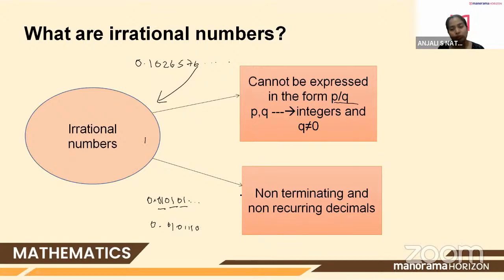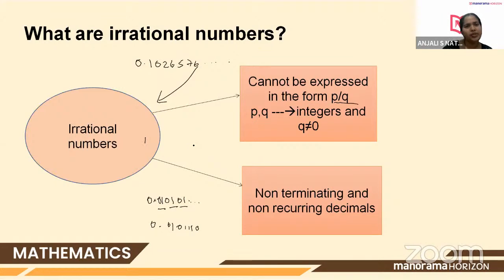That is a non-recurring decimal. So irrational numbers are those which cannot be expressed in p by q form, that is as a fraction, and which are non-terminating and non-recurring decimals. So in this chapter, we have to prove that some numbers are irrational. We have to prove the irrationality of those numbers.